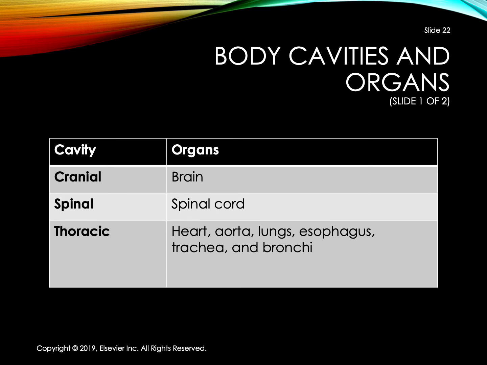Now, let's talk a little bit about the different cavities. Now, the cranial cavity, pertaining to the cranium, right, or this big thing that sits on top of our neck, that is the cavity that holds our brain. Right? And then we have the spinal cavity, which houses the spinal cord.